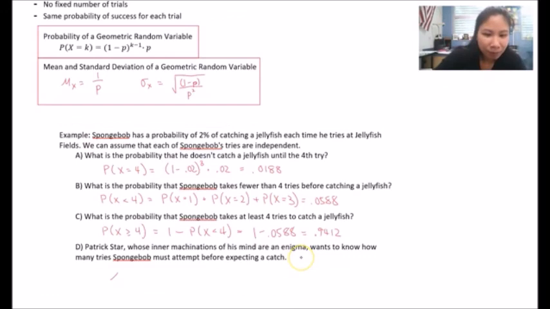So to find that, the mean is just 1 over p. So our probability of success was 0.02. So 1 divided by 0.02 is 50. So that means, as an interpretation, on average, SpongeBob would expect to try 50 times, 50 trials before a success of catching a jellyfish.